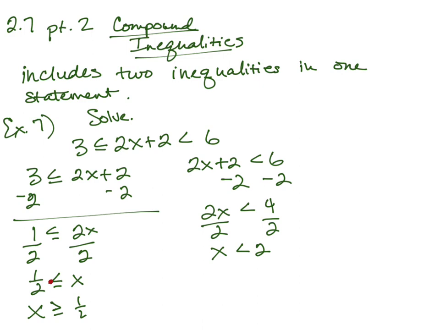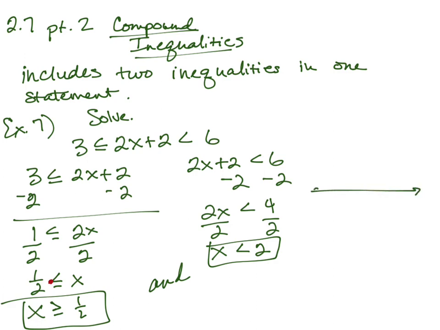Okay, so we've got two things here. We've got x is greater than or equal to 1/2, and x is less than 2. So if I were going to put this on a number line, what would that look like? It'd be a filled in dot at 1/2 and then scribbled to the right.